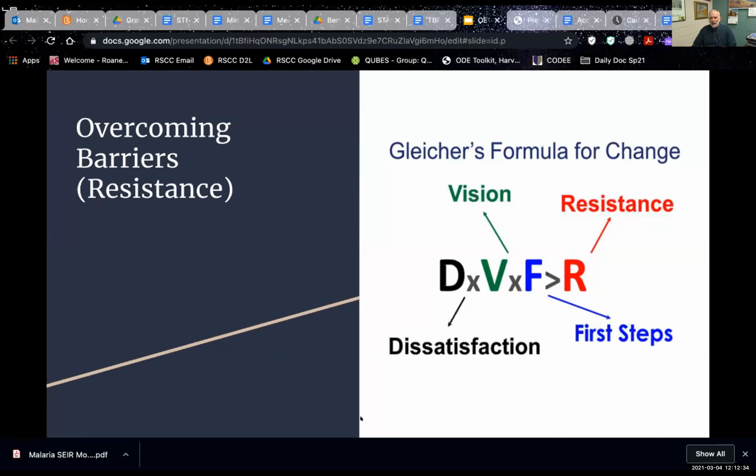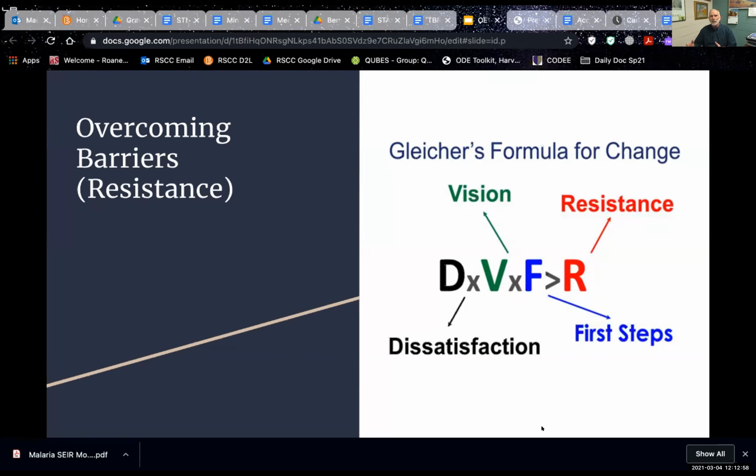So recognizing that at Roane State, what we're looking at is using this formula and identifying that there needs to be some level of dissatisfaction. And I think from the student perspective, there's dissatisfaction in terms of cost of books, availability of books. And from the faculty perspective, there is dissatisfaction in the desire to want to do things better for the students.